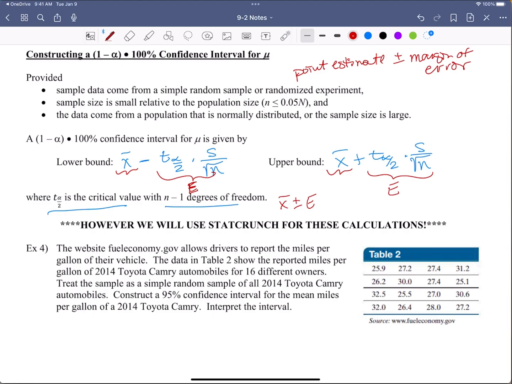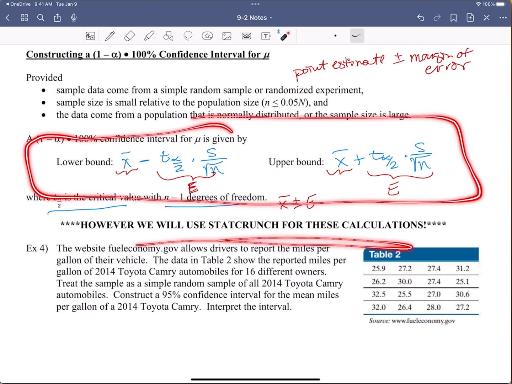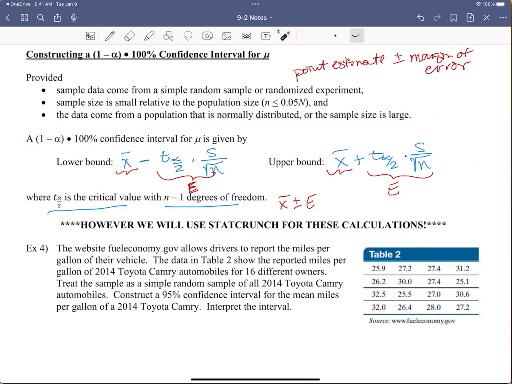Okay, now we do have these super sweet formulas here, but we are going to use StatCrunch to do this calculation. However, you still need to understand that this is my point estimate, and then we're giving it the margin of error cushion outside of that point estimate, right?